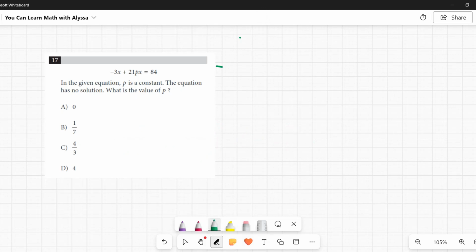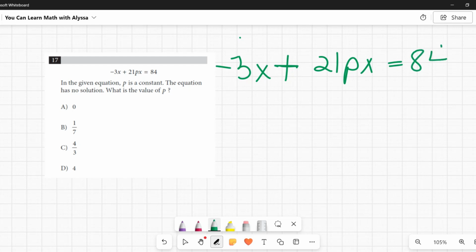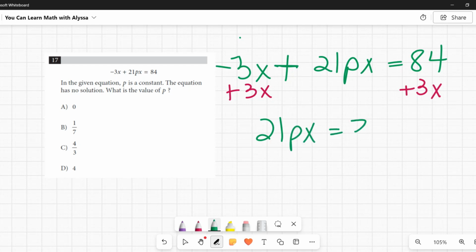All right, we're starting at negative 3x plus 21 times p times x equals 84. Let's get this 21px by itself. Let's add 3x to both sides. So I'm going to get 21px equals 3x plus 84.